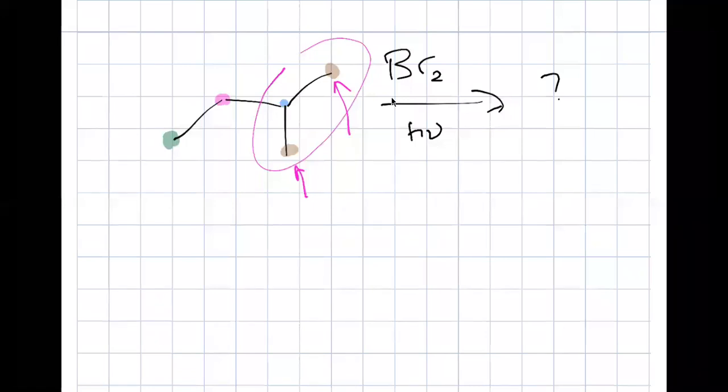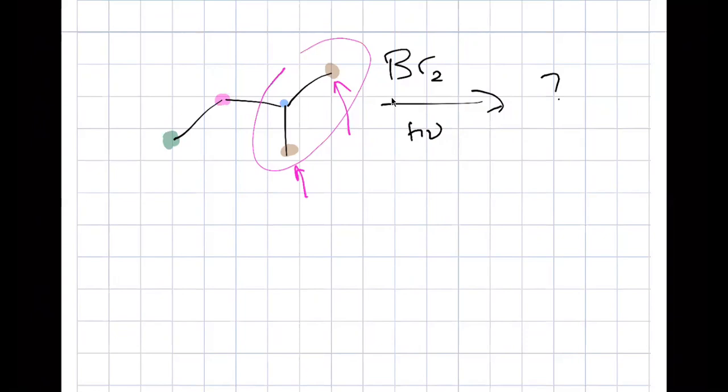All right. So let's draw the products out. Where will I get a bromine in this molecule? It's kind of a trick question, but kind of not. Yeah, we're doing a radical substitution, right? So what sites am I going to brominate?